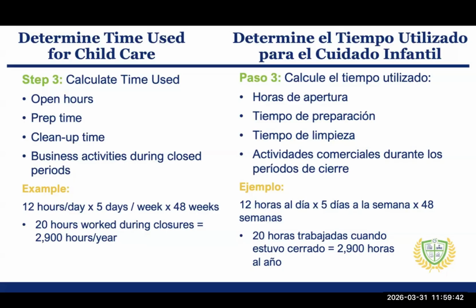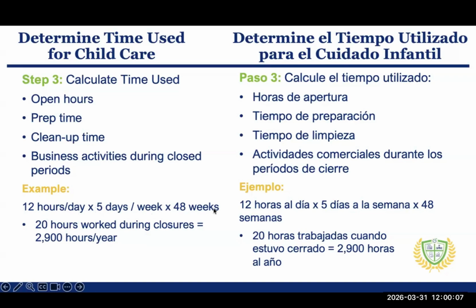We open 10 hours, we clean up for 1 hour, we do prep for 1 hour. Let's say that those are 12 hours. So 12 hours per day times 5 days a week. This depends on how many days you're open a week. Let's say 5 for this case.